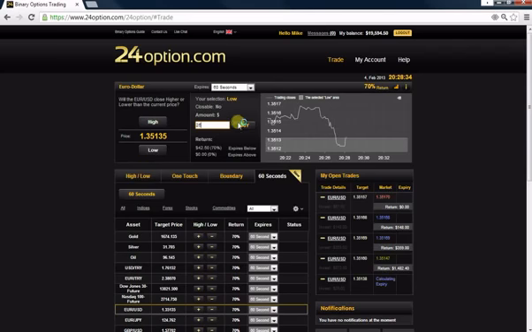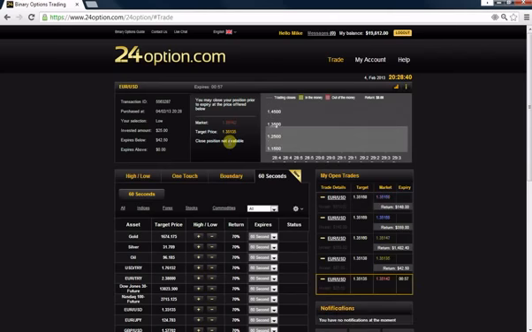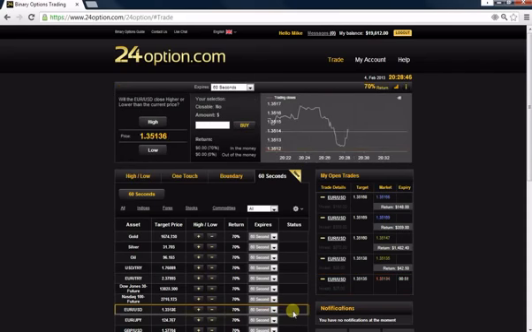The reason why I'm going to continue going with puts is because I actually want to catch it at the 4th or the 5th trade. Okay, so we're going to get, and again, the idea here is that you're trading sequentially, meaning after 60 seconds, you're going to put in another call or put based on how you predict that the currency is going to trade.